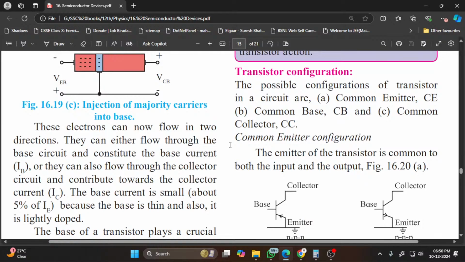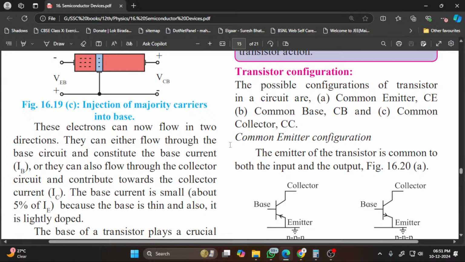Transistor configurations. So there are three configurations, namely common emitter CE configuration, common base CB configuration, and common collector CC configuration.